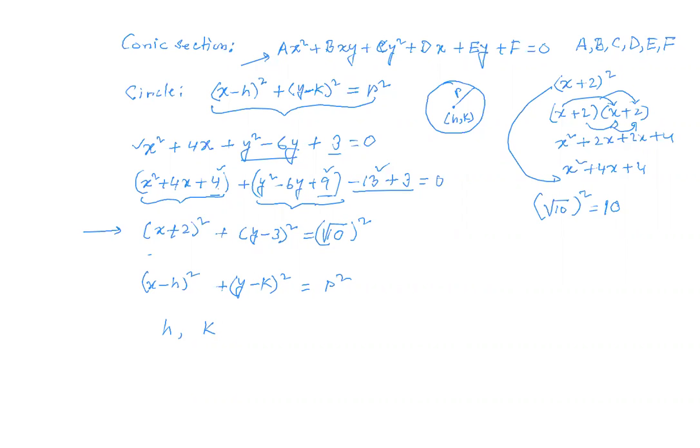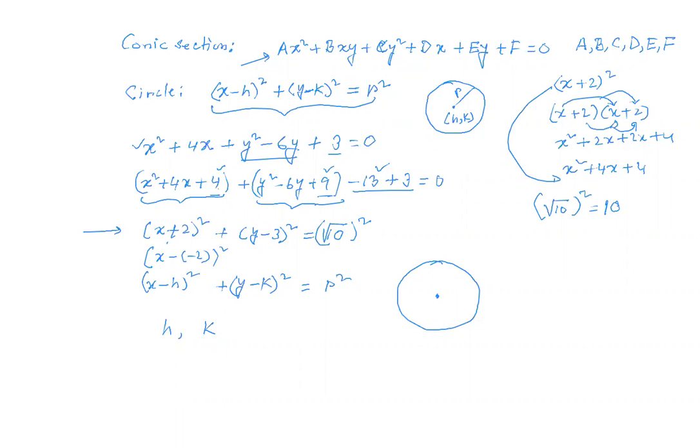That will be the center of the circle, right? What is h in this equation? It's 2, and the other one's -3. Nope, it's just the opposite. Look, x minus 2 is x plus 2, right?